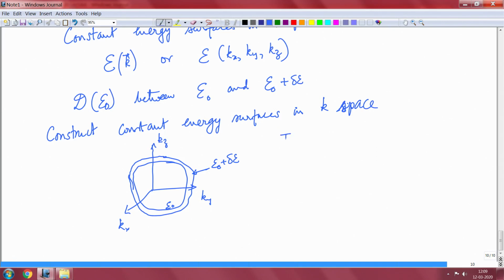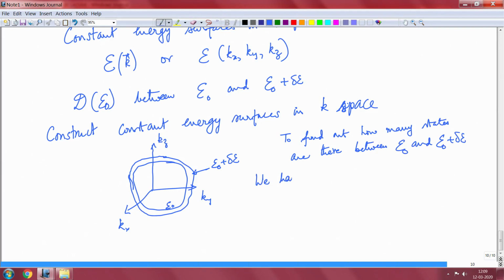To find out how many states are there between E naught and E naught plus delta E, we have to find the volume of the shell between these two surfaces.